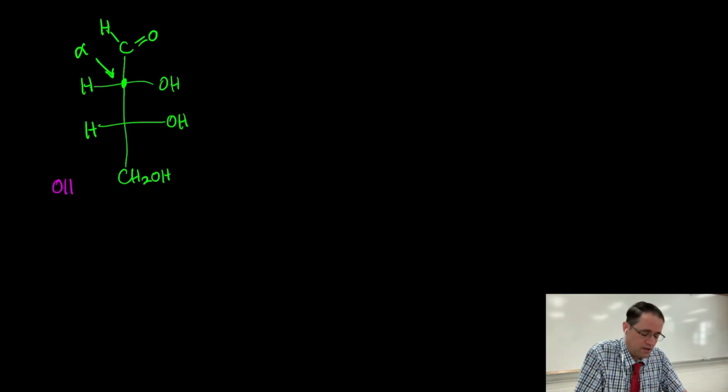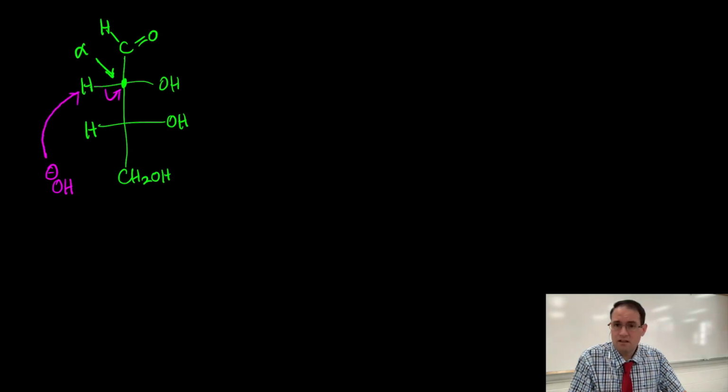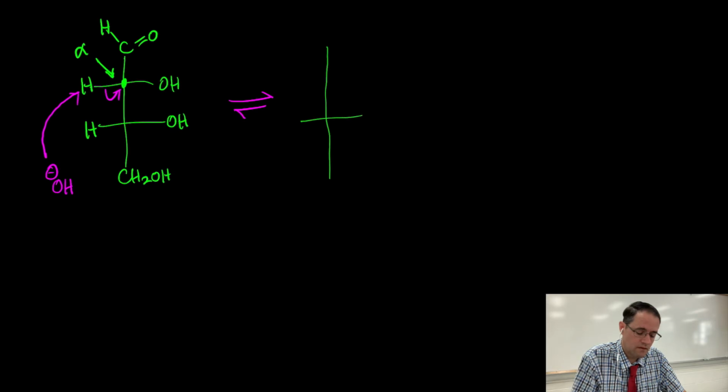So we have hydroxide, and we can draw the acid-base reaction like so. It's kind of weird to draw it like this, but I'll just draw a negative charge there on that carbon.